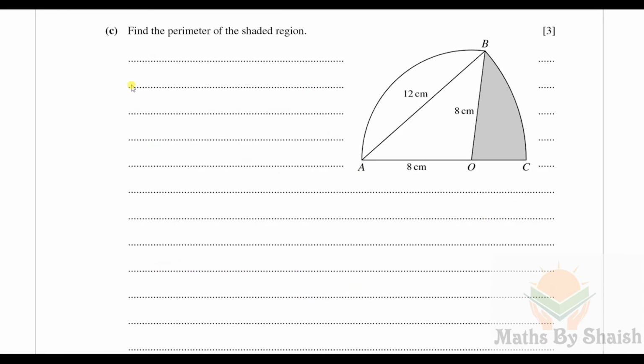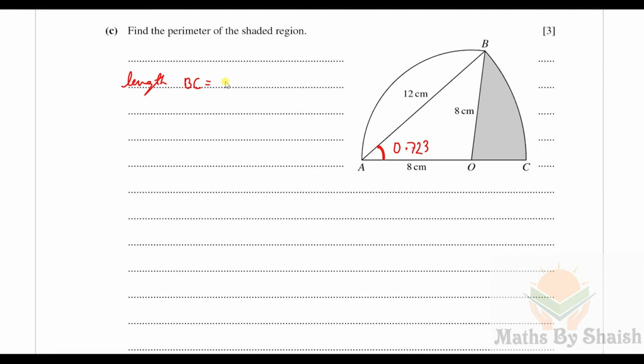Here's the C part. Find the perimeter of the shaded region. So we know that this angle is 0.723 to 3 significant figures, and we have the radius of this arc BC as 12. So the length of arc BC, because we require 3 parts to find the perimeter, 2 sides and 1 arc, is going to be r theta.